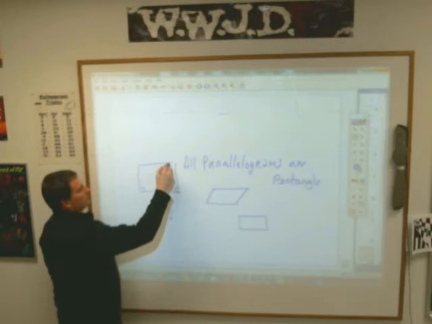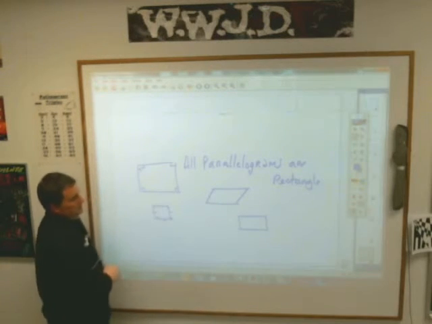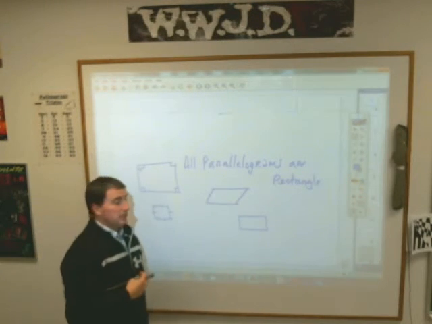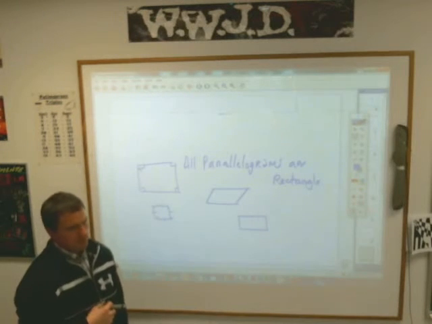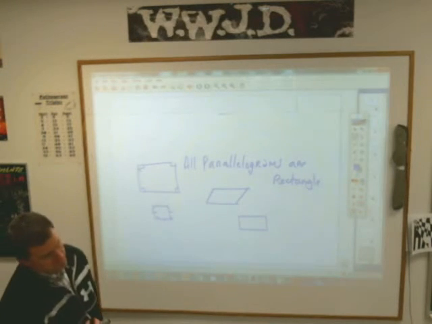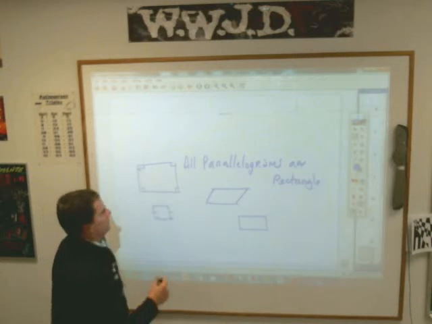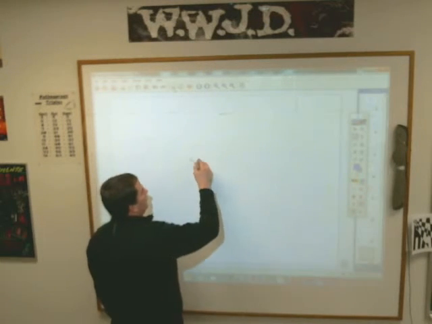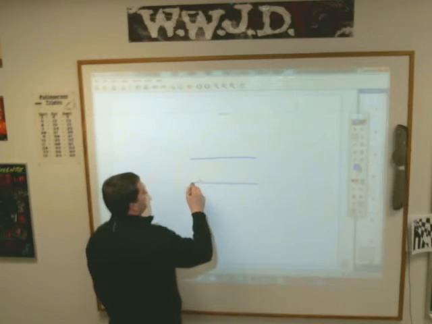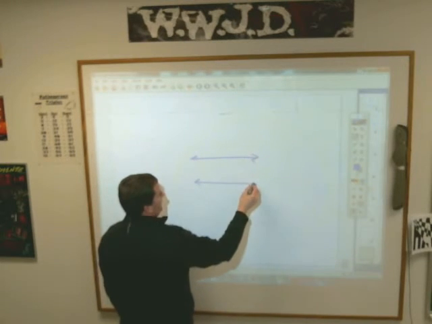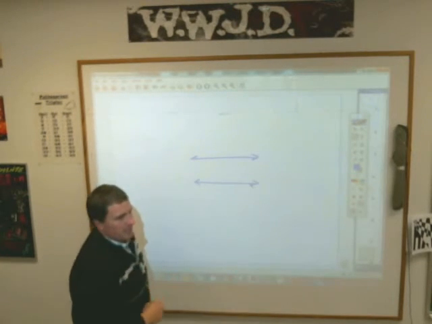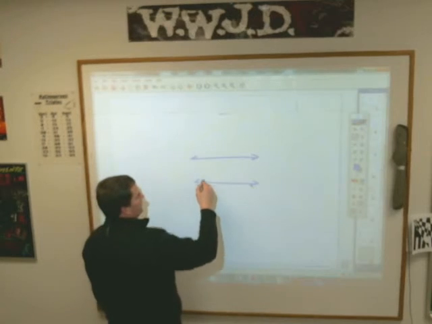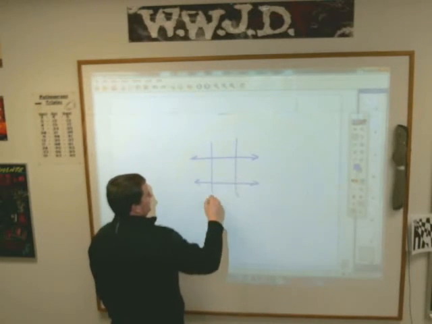So it gets a little confusing, or a lot confusing at times, but you just have to take the terms back. A lot of times what they'll ask you to do is draw 2 horizontal parallel lines, and then draw another set of parallel lines that are perpendicular to those 2.